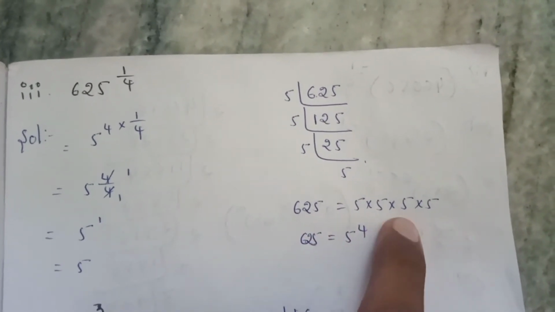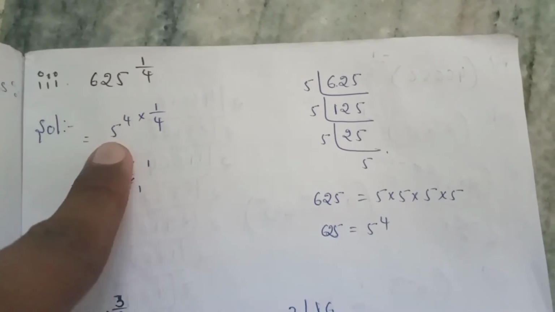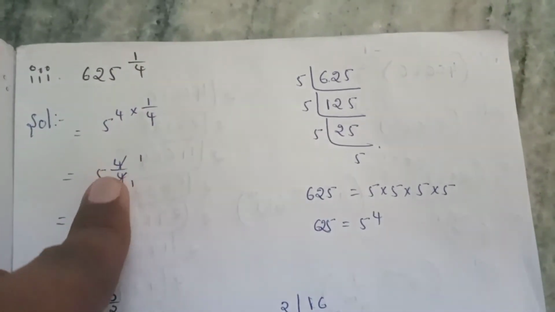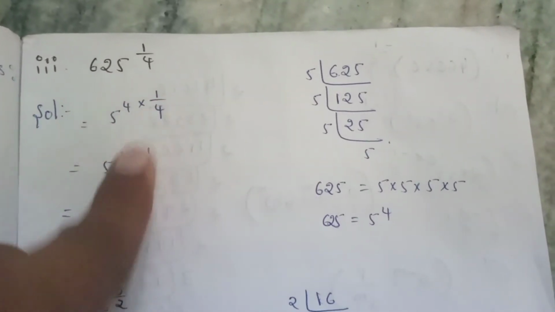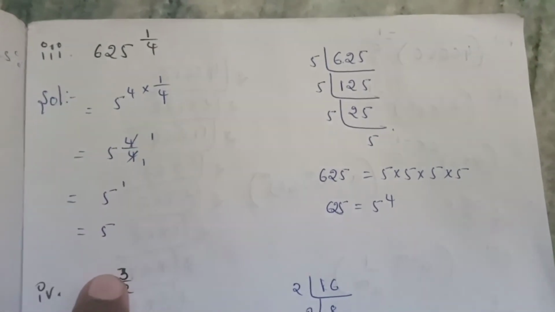How many 5s are present here? 4. So 625 can be written as 5 power 4, into 1 by 4. See, 4 into 1, 4 by 4. 5 power 1 is nothing but 5.